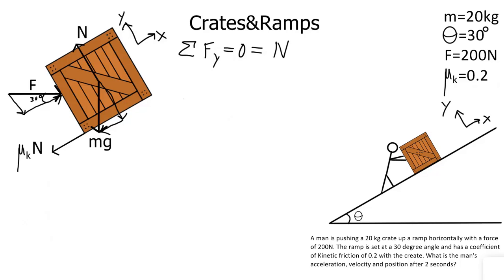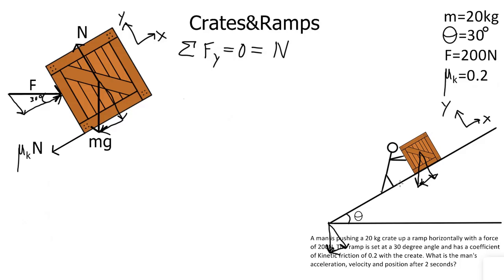It's so easy. If you have your weight going down like that, and you want to make it into components, a component perpendicular to the ramp and a component parallel to the ramp, then in the end, we just translate this triangle down to here.